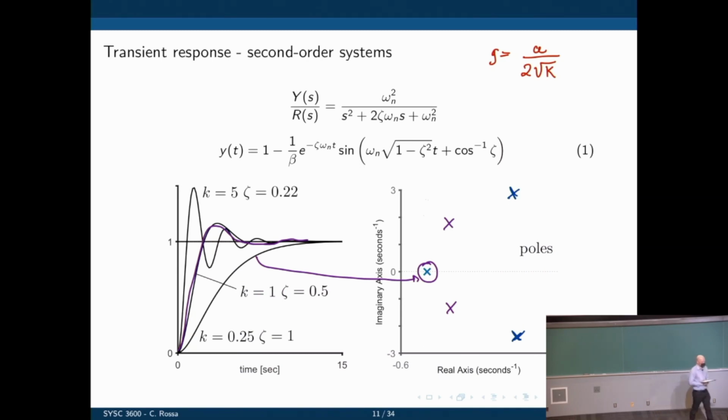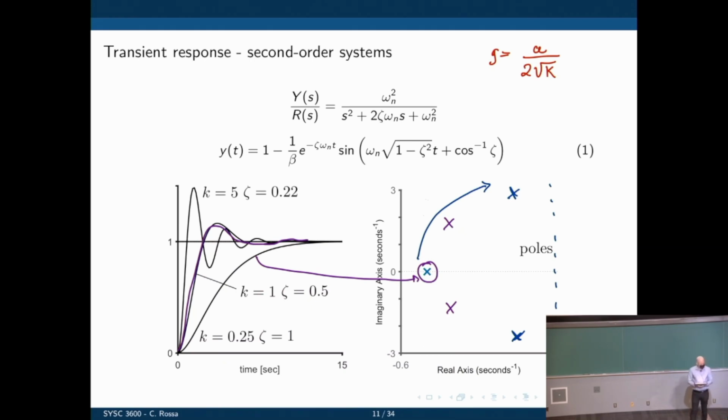And in this case, they are moving closer to the imaginary axis. And that's why we see more oscillations happening. So the poles will tend to go that way. And as we further increase k, it will further approach the imaginary axis. And when it touches the imaginary axis, then the exponential disappears and the system oscillates indefinitely.